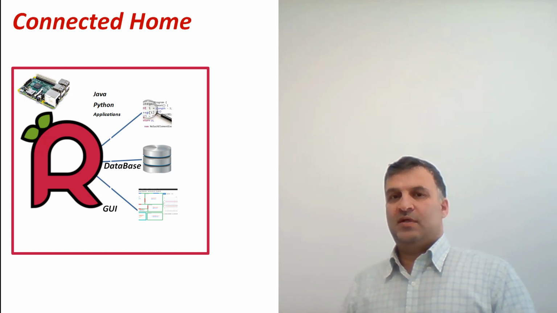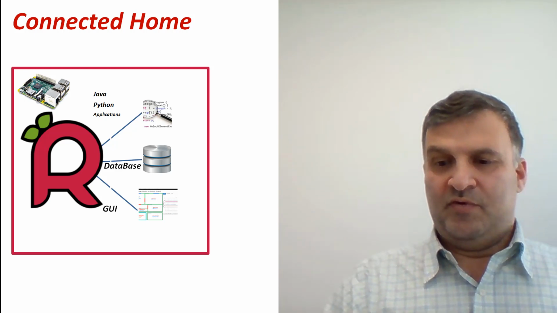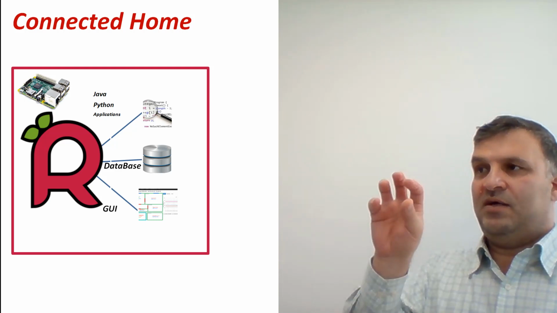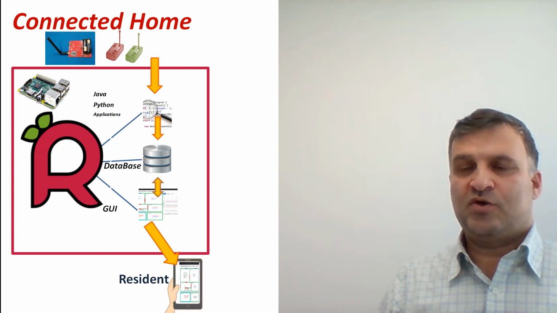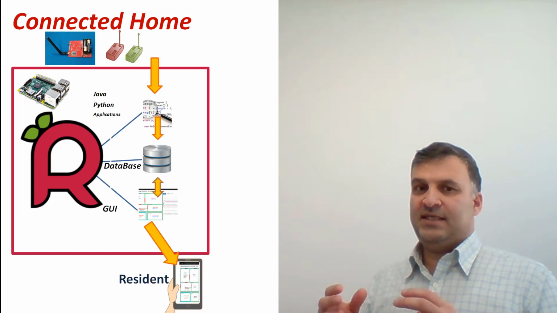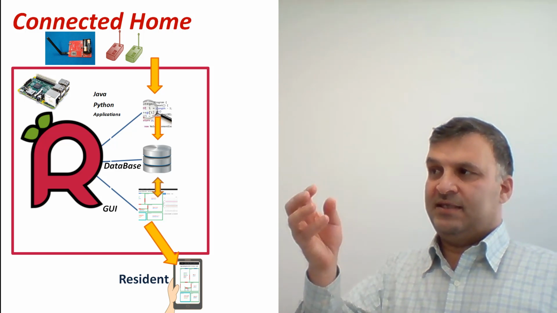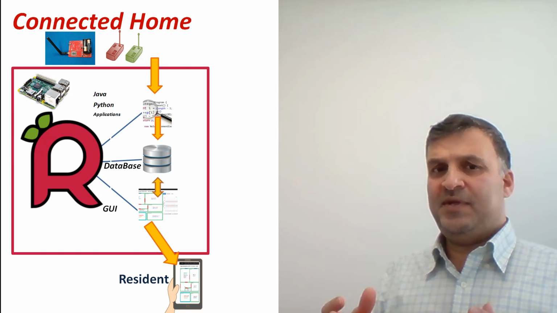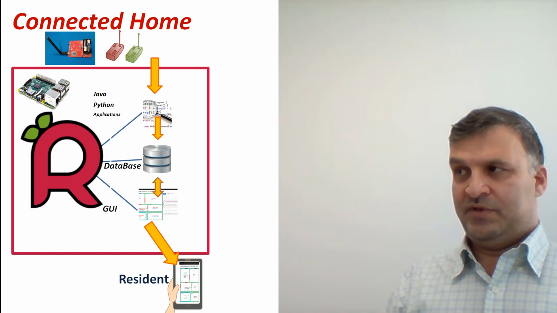Also, we will use our example about connected home. In this example, if you remember, we have a Raspberry Pi in the home, a small computer, and this computer receives data from different families of sensors. The data is received by some applications in Python or Java or other languages.